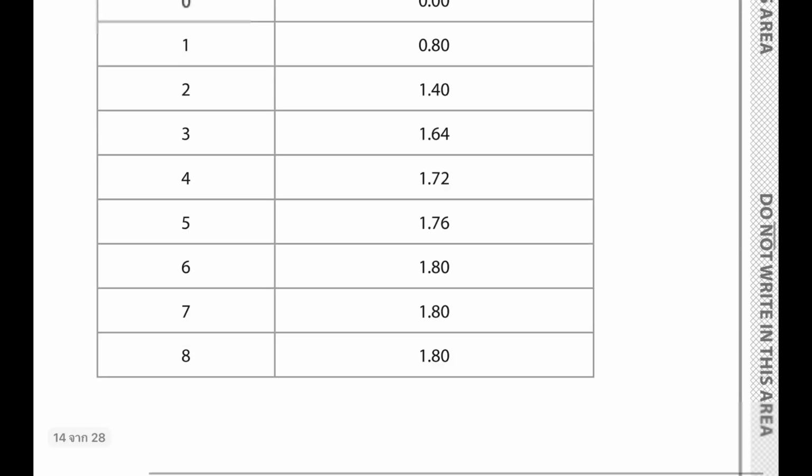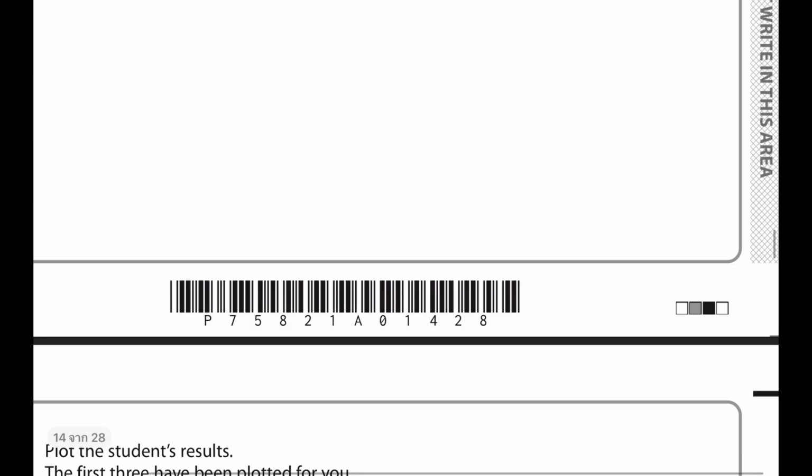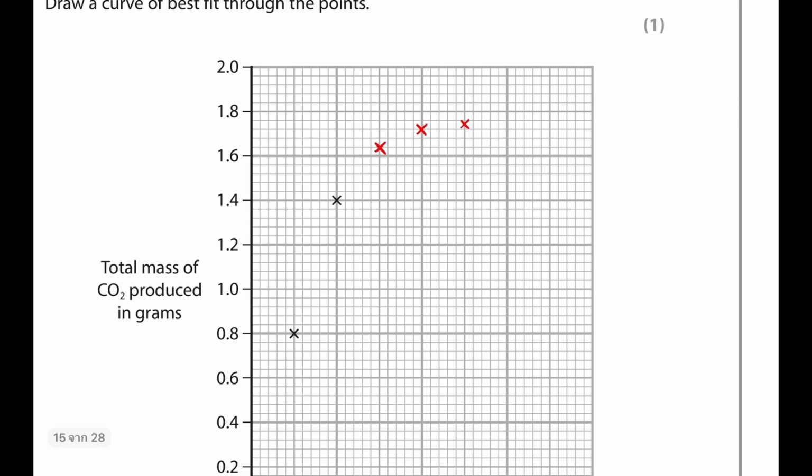Okay, and then 1.8 from 6, 7, and 8. So 1.8. That's it. Then next, okay.